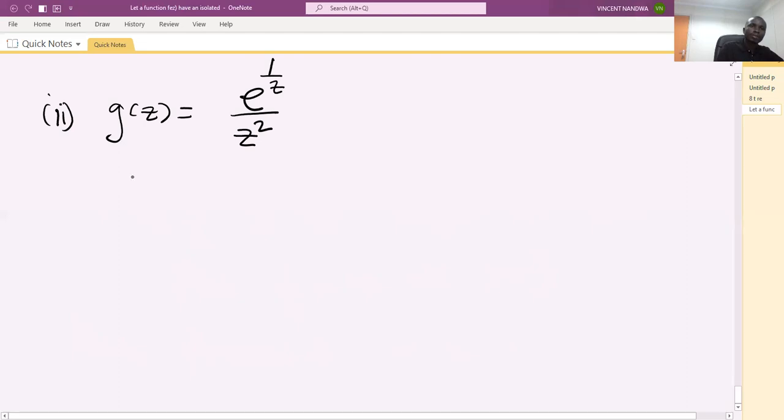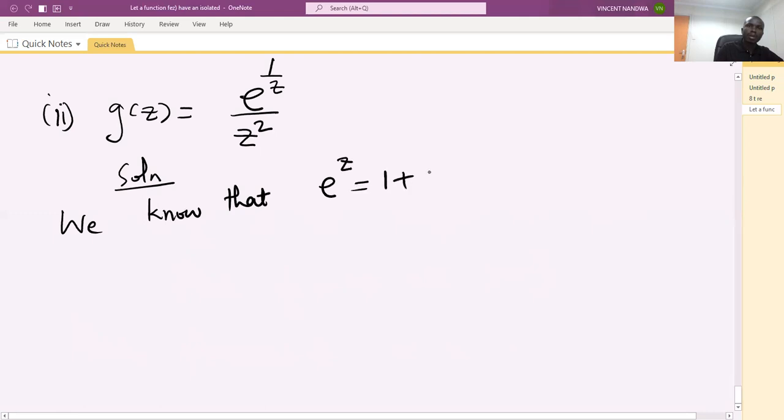So we know that if we have e raised to power z, then this is the same as 1 plus z plus z squared over 2 factorial plus z power 3 over 3 factorial plus z power 4 over 4 factorial plus other several terms.